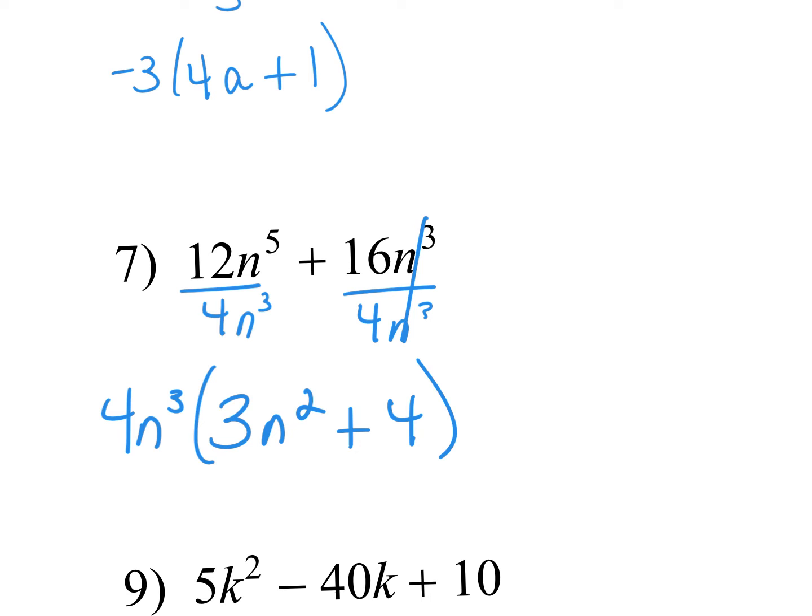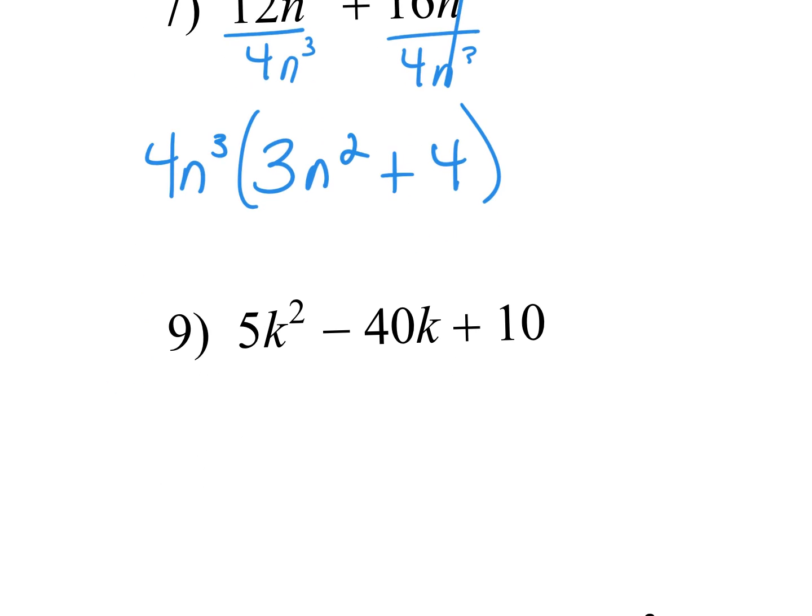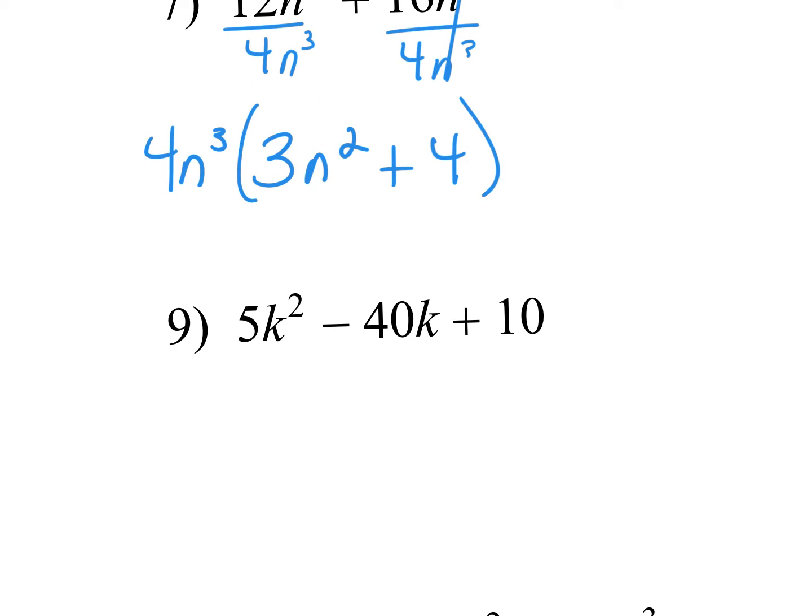All right, we're going to go down to 9. Now I have 3 terms. This is a trinomial. We're going to talk about factoring trinomials a little more in just a little bit. But what do I notice about 5k squared minus 40k plus 10? They all have a 5. Let's divide out that 5 first.